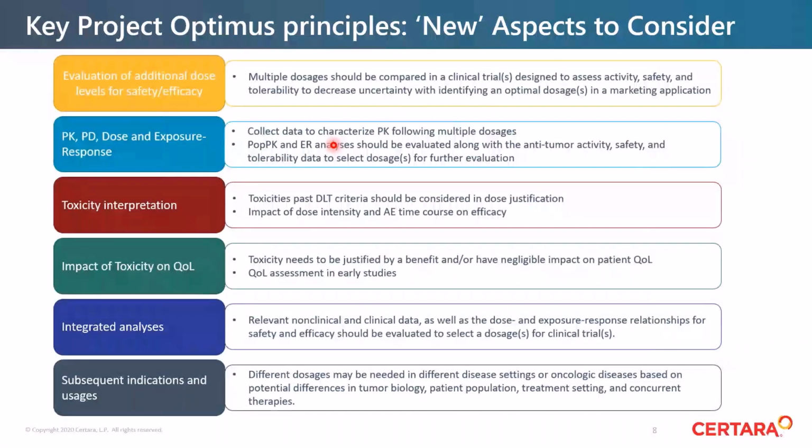The agency has also indicated that there will be an increased focus on modeling and simulation activities, such as preliminary population PK and exposure response earlier in development. But at a minimum, this can be interpreted as a stage-appropriate integrated exploration of all available clinical data, for example, using simple techniques like graphical analysis.